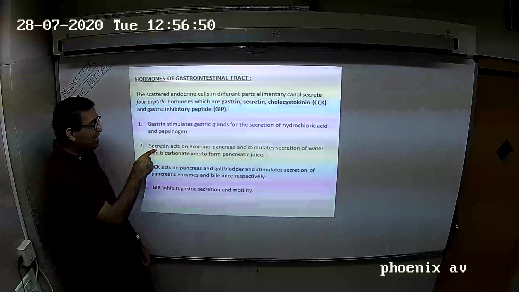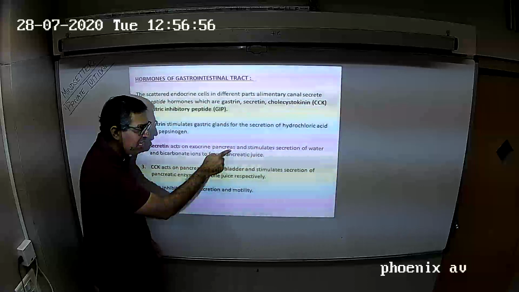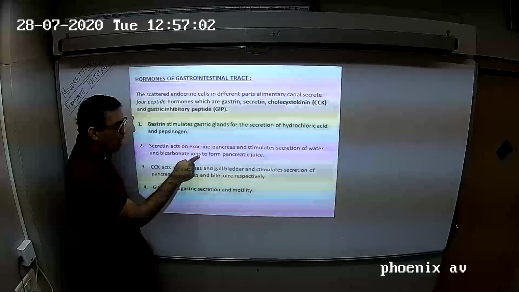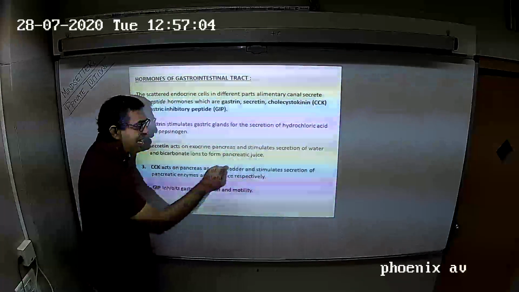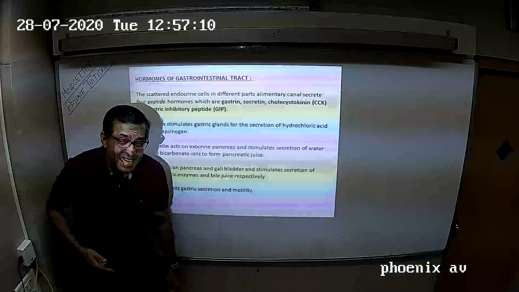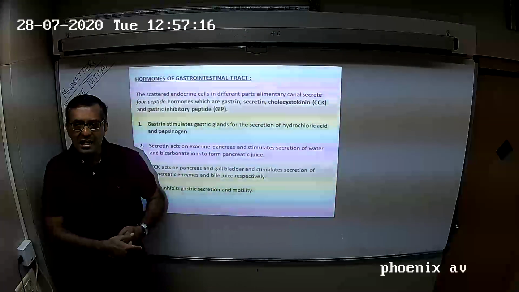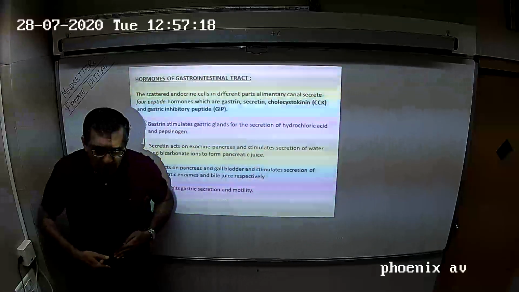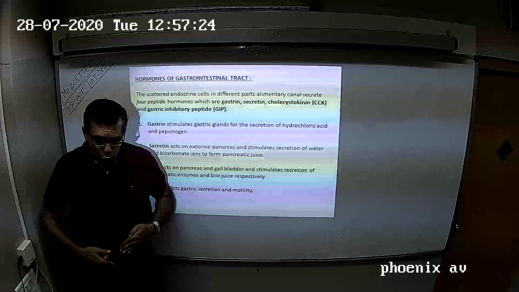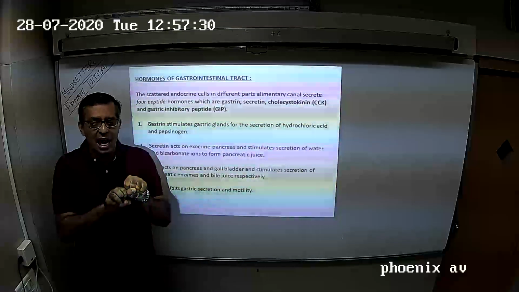And you have secretin. Secretin acts on the exocrine pancreas and stimulates secretion of water and bicarbonate ions to form the pancreatic juice. Secretin is given by the intestine and it will act on the pancreas, and in the pancreatic juice being formed, secretin will help add water and bicarbonate ions.